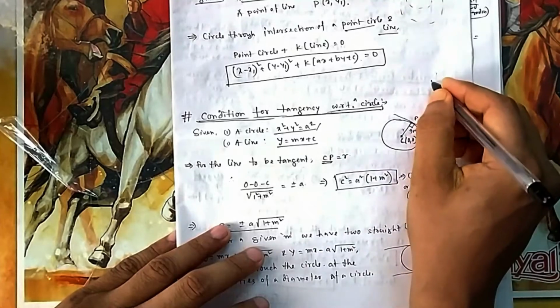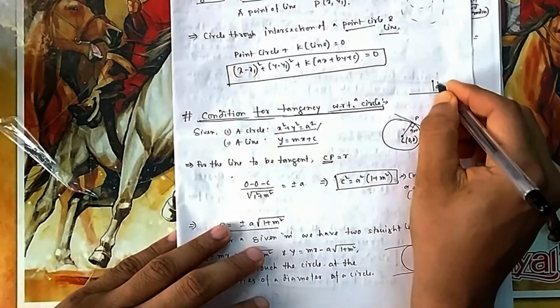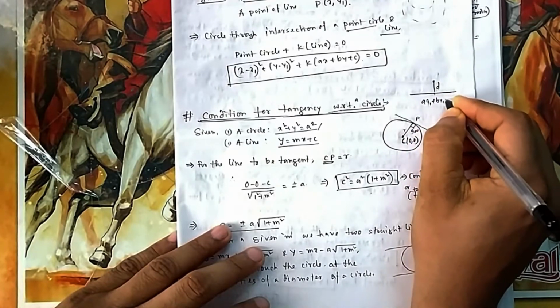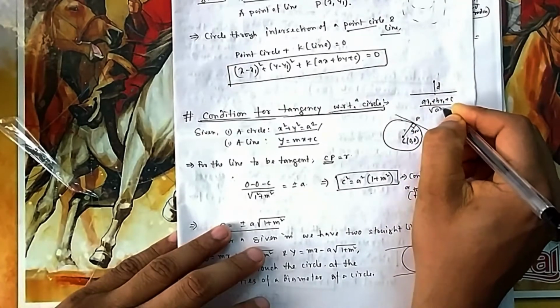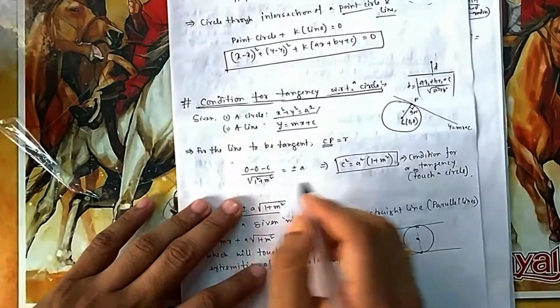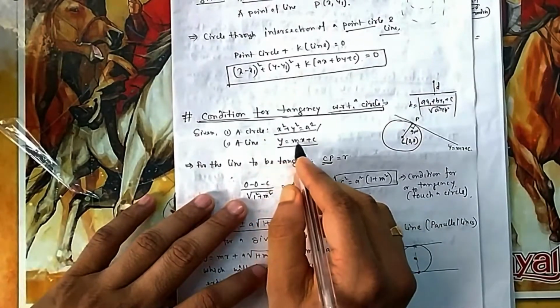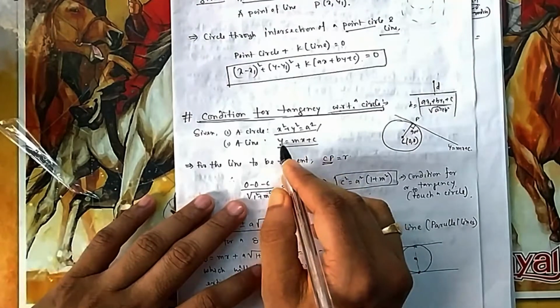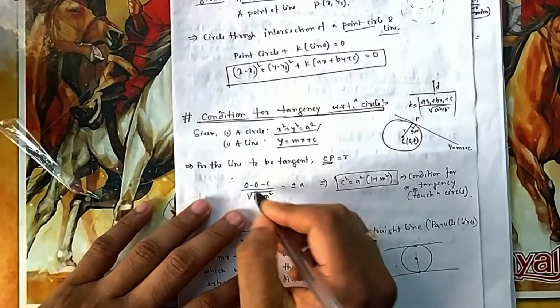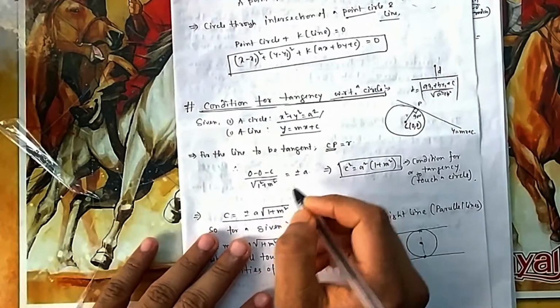From this point you find the distance to the line. How to find the distance from a point to a line? You can remember it as |ax1 + by1 + c| divided by under root a square plus b square. This was the formula for the distance from a straight line. So you put the point in. The line is y minus mx minus c equal to 0, and the point is (0, 0). So it is 0, 0, then minus c. There is a mod there, so I removed the mod and put plus minus.